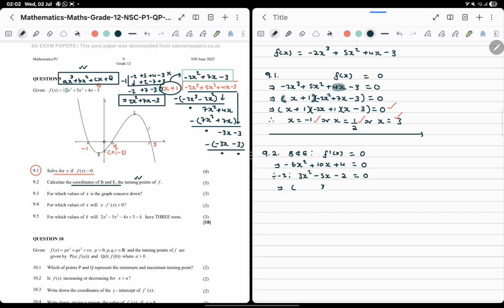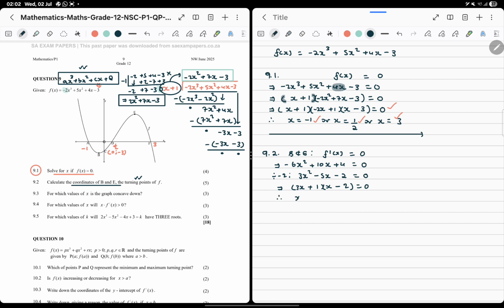So this implies we can factorize. So this is 3x, this is x, we want to get to 5. So what we can do, we can align this with the 2 and then the 1. Now this must be negative, this must be positive.